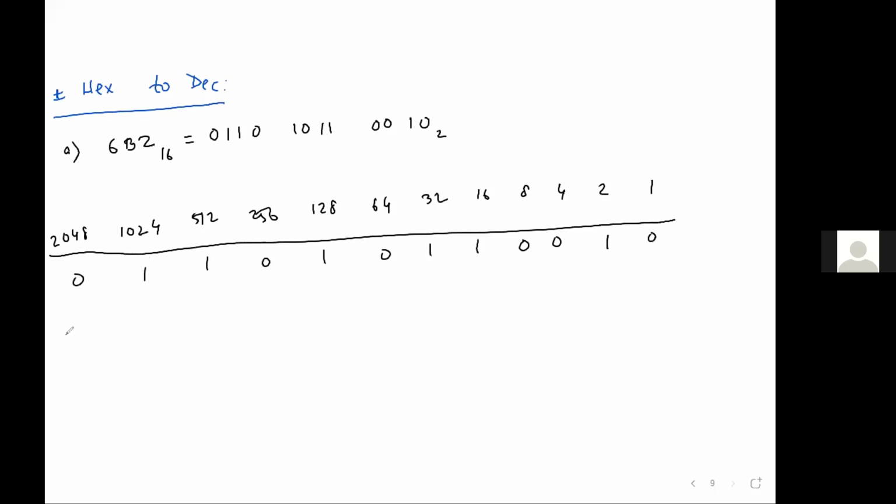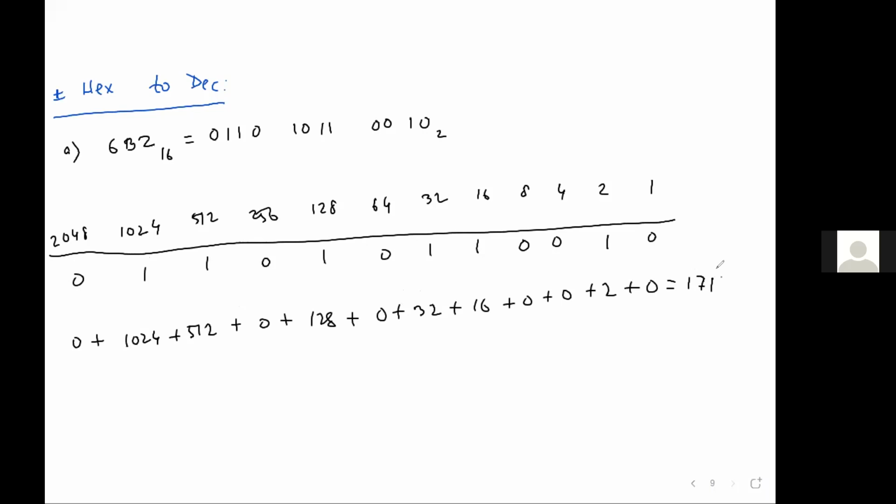So 0 plus 1024 plus 512 plus 0 plus 128 plus 0 plus 32 plus 16 plus 0 plus 0 plus 2 plus 0. How much do we get? Sir, 1714.